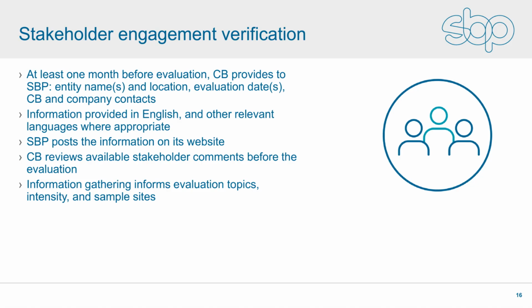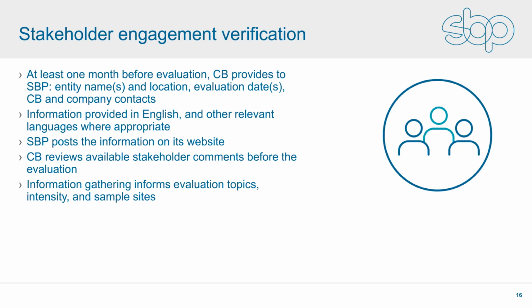Version 2.0 changed how certification bodies work with stakeholders, and version 2.1 keeps that approach largely intact. Irrespective of whether the scope includes a supply-based evaluation, for initial and re-evaluations, the certification body must provide SBP at least 1 month before the evaluation with the name and location of the entity to be assessed, the scheduled evaluation dates, and the contact details for both the certification body and the company, so that stakeholders can submit comments.